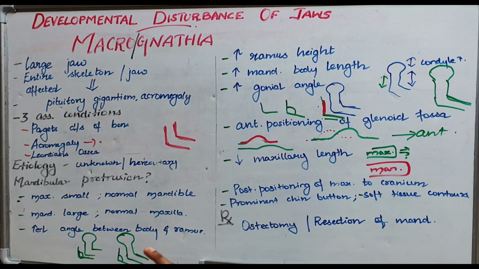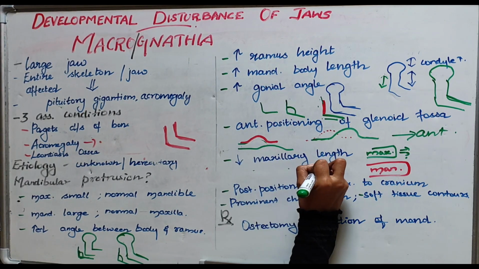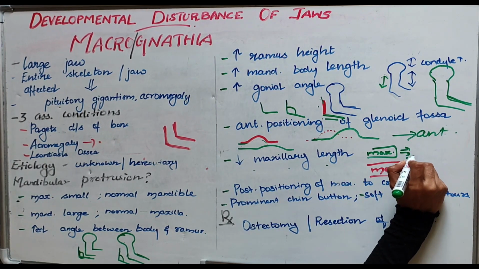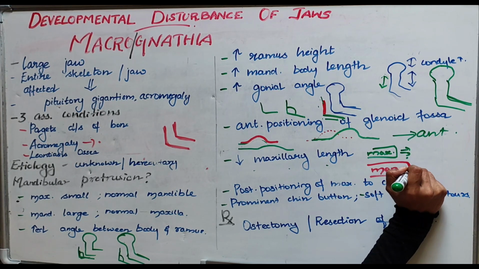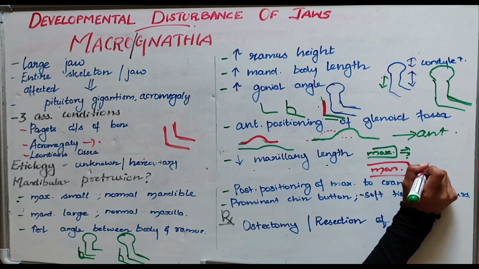So it will be seen as a larger size, whereas the size can be normal, just the relation of the mandible to the glenoid fossa can be abnormal. Then decreased maxillary length. When the length of the maxilla is less compared to the mandible, it will show an illusion of larger size.